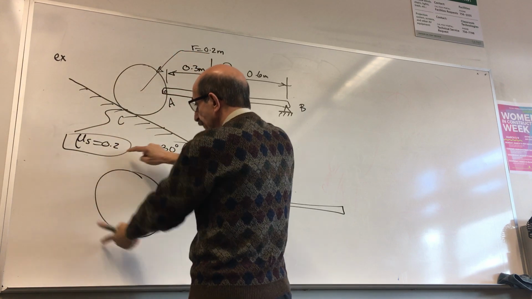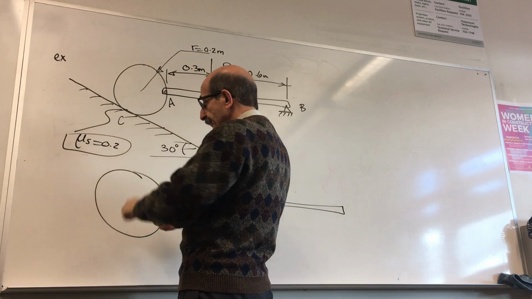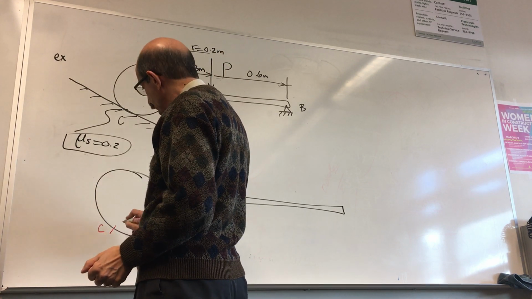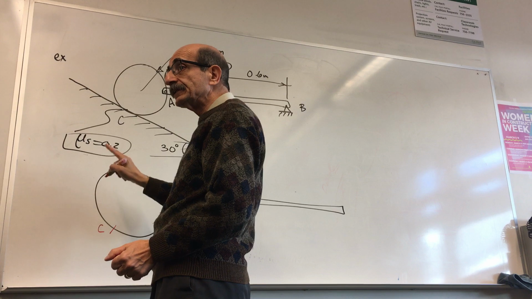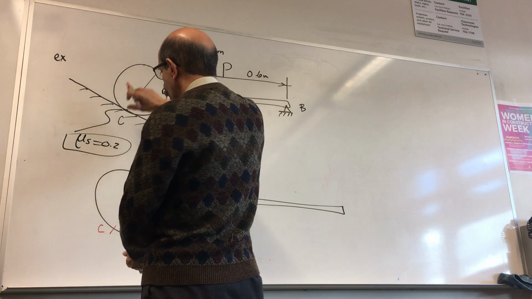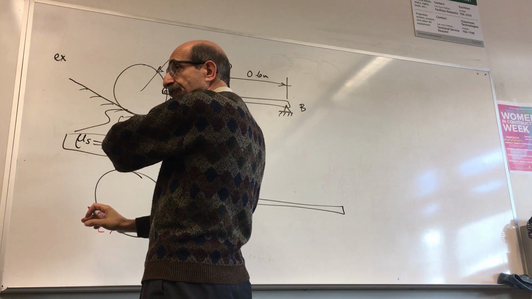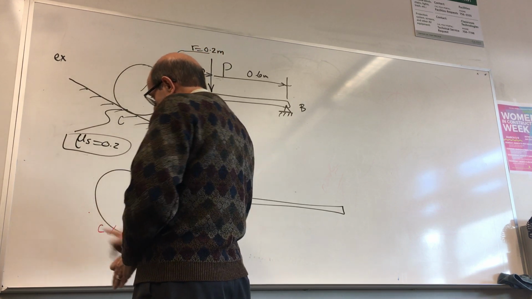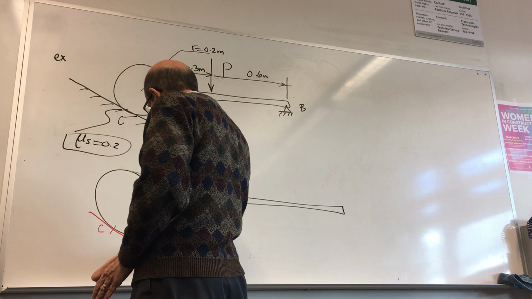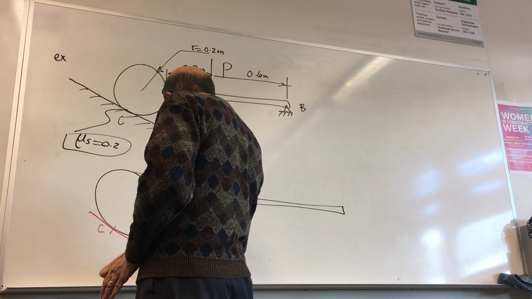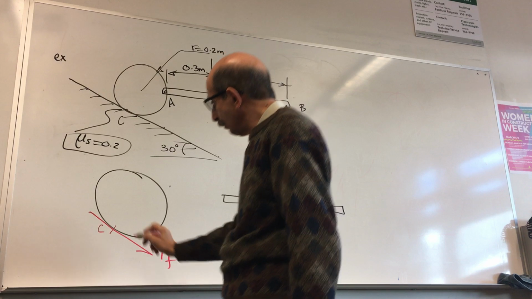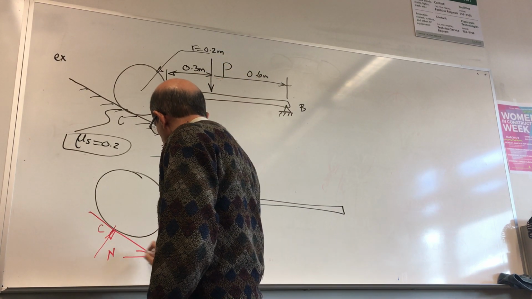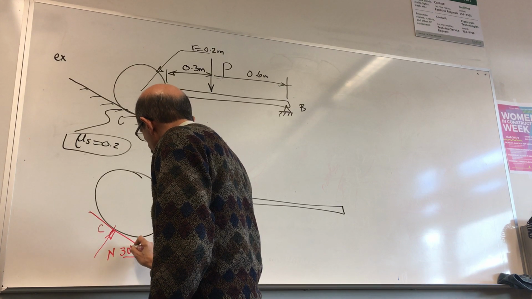So the friction force at C acting on this disk would be in the opposite direction of that motion, right? And obviously, the normal force would be normal to this plane.